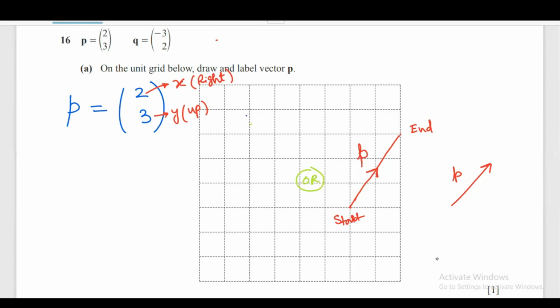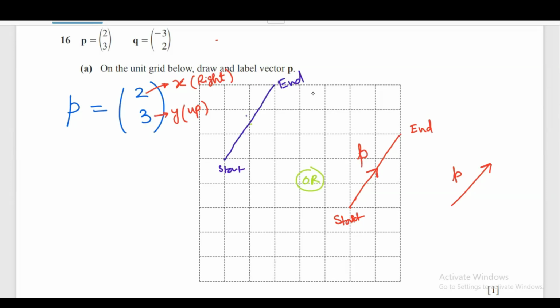Suppose this is our starting point: 2 units upward, 2 units toward the right, and 3 units up. So this is our starting point. This is 0, the origin. 1 and 2 is toward the right, and 1, 2, 3 upward. Ending point here. So join the starting and ending point.